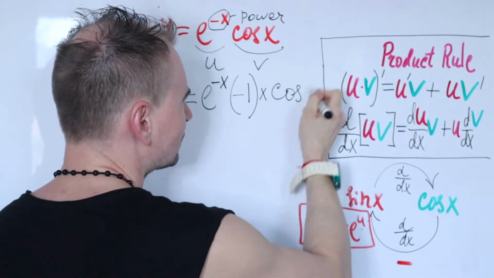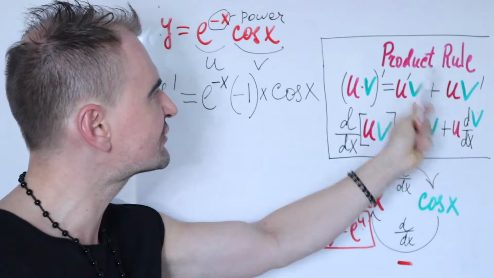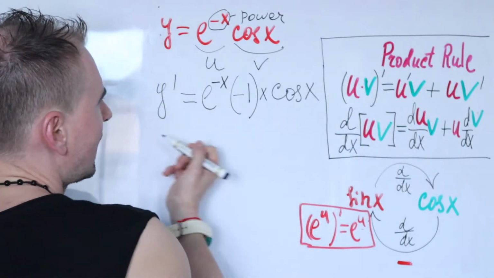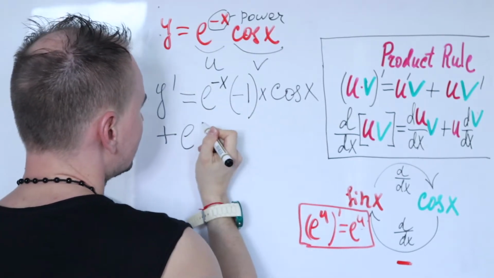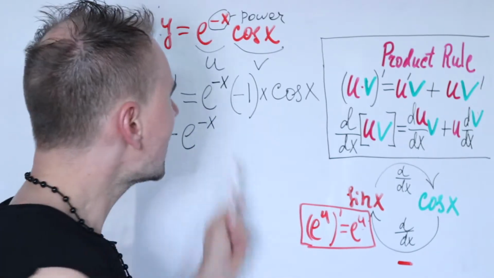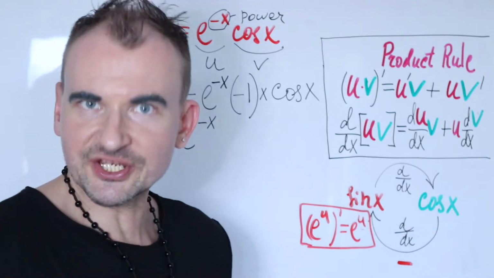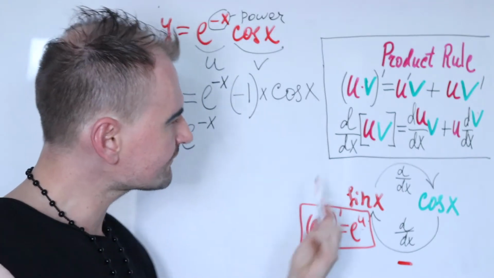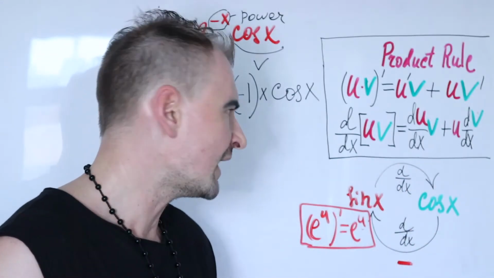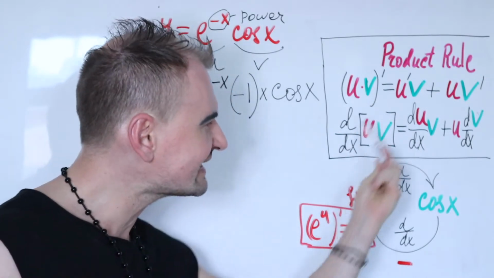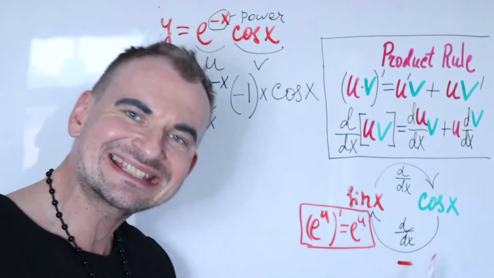So I'm going to rewrite cosine x. Now, moving on to the second term in this product rule. We add the first term as is, e to the negative x, and these three functions come out as well. This is kind of a mnemonic device, a mnemonic trick to remember the derivative. So the derivative of sine is cosine. The derivative of cosine, it's not sine, it's negative sine.